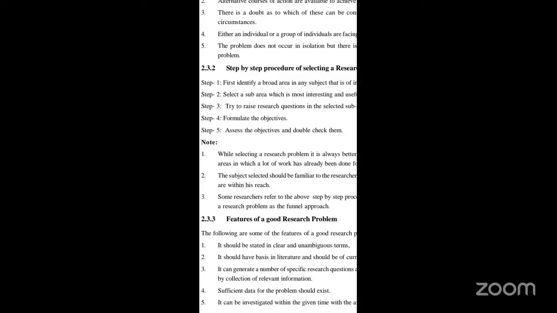So step-by-step procedure for selecting a research problem. The first point is to identify a broad area of interest. Then divide it into sub-areas and select the sub-area which is most interesting and useful. Try to raise research questions in the selected sub-area.